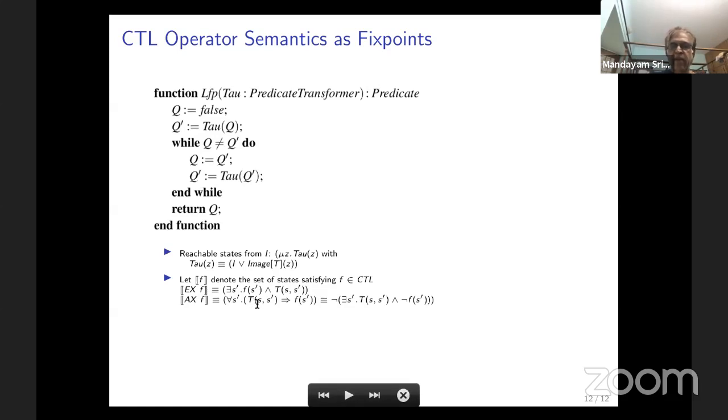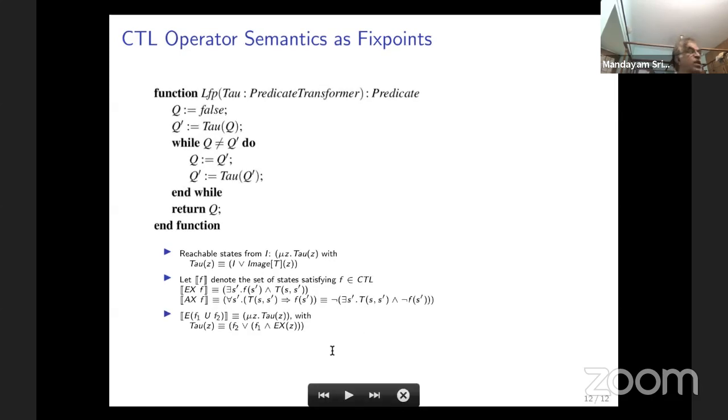Whereas here, it is insisting that every successor state should satisfy F, and that can be expressed using a universal quantifier. So for every S prime such that T of S, S prime, F should be true in the next state. Which can also be expressed in terms of existential quantification that way.